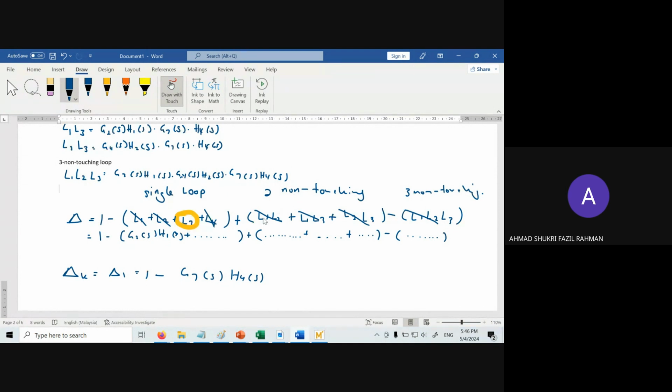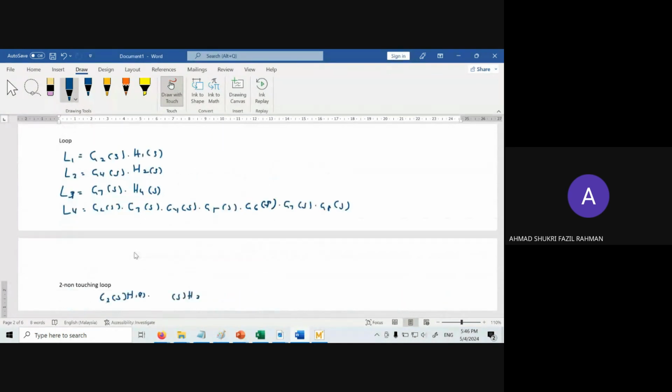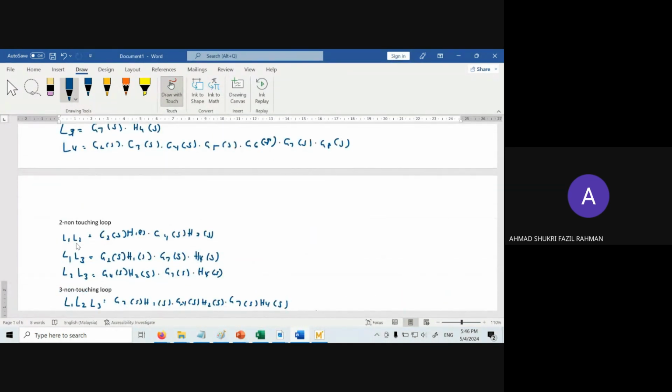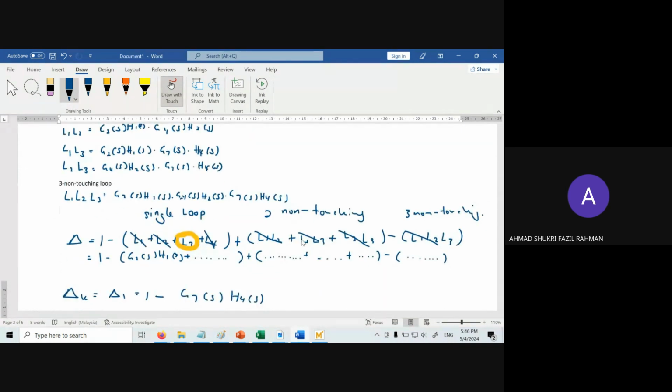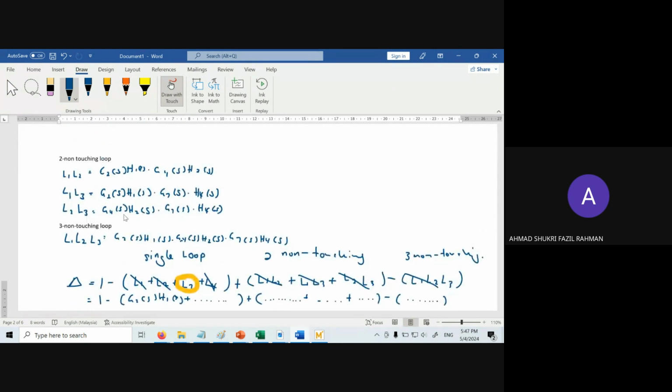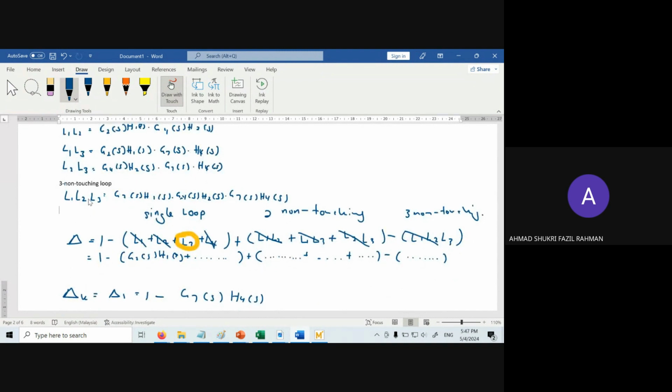This one, two non-touching loop also need to sum. Two non-touching loop sum L1 and L2 plus L1 L3 plus L2 L3 also sum. And then previously plus, so should be minus. So 3 non-touching loop should be this one. So since we have only 1, so no need to add. Okay, if we have more than 1, 3 non-touching loop, so need to plus, need to sum.